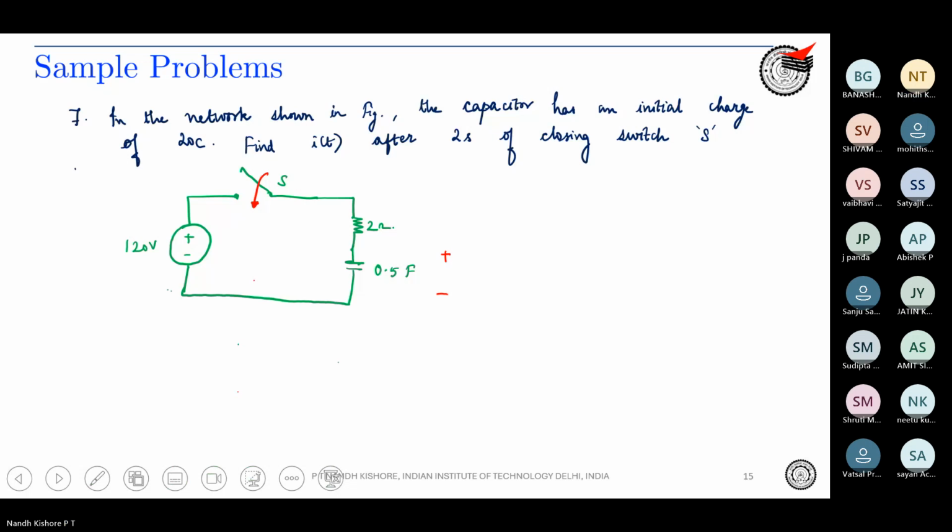Let's simplify this problem. They have given that Q is 20 coulombs, and the capacitance is 0.5 farads. So what is the initial voltage across the capacitor?